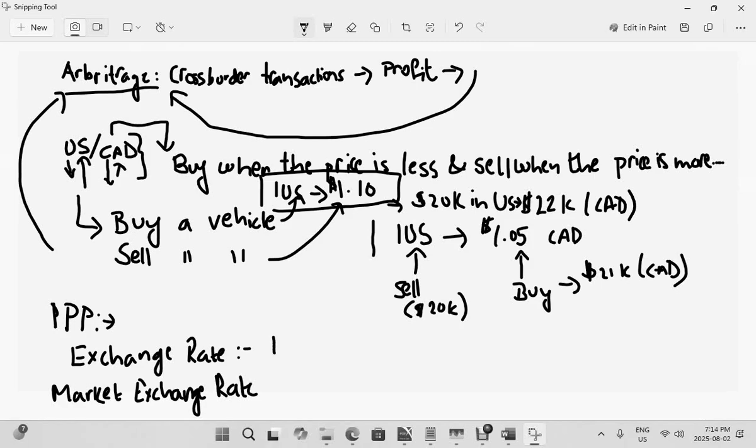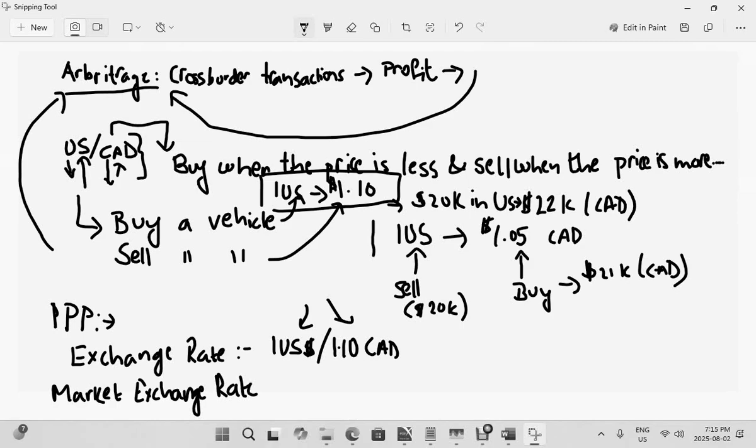So let's say you have one US dollar, and this will be compared against a foreign currency, for example $1.10 Canadian. You're comparing domestic currency against a foreign currency, and this has to do with the relative exchange rate. You're comparing two currencies altogether.